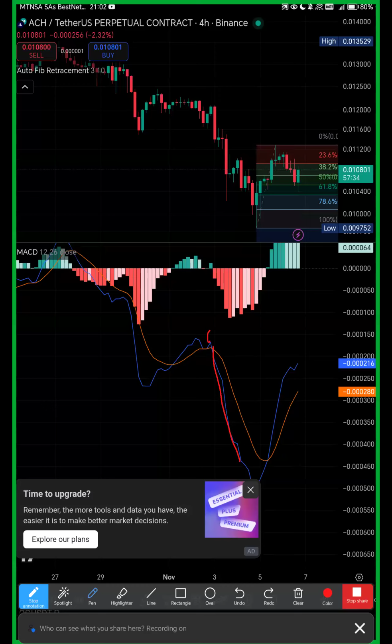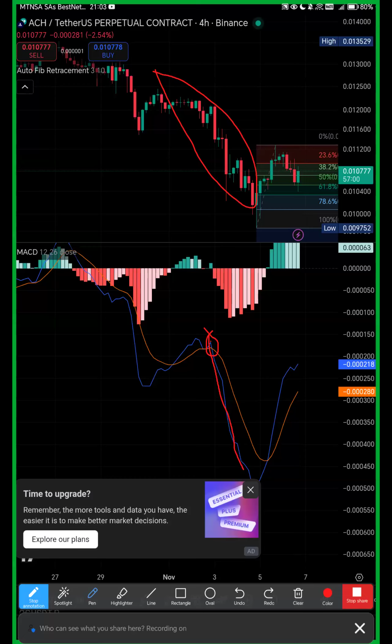It came from above, then it crossed, then it started moving below the signal line, which is the orange line. This signals that it is a downtrend. The market is going downwards.